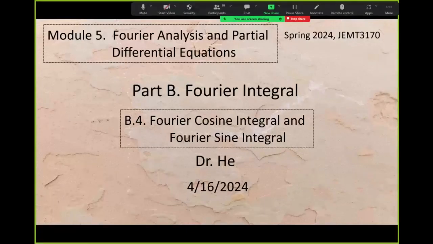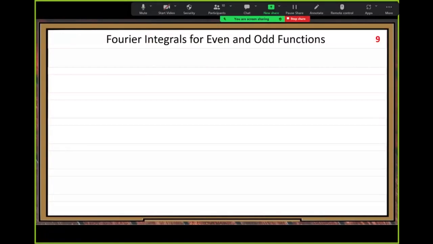So at this point, we just learned Fourier series expansion. Last time we learned more properties, and Fourier series extension for even and odd functions.